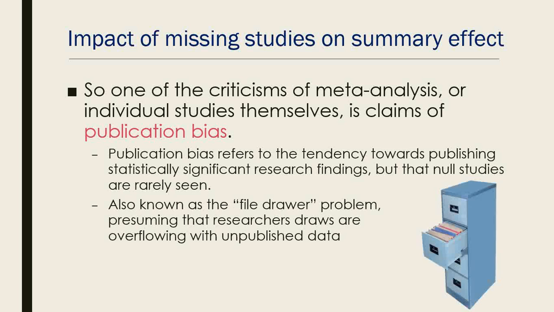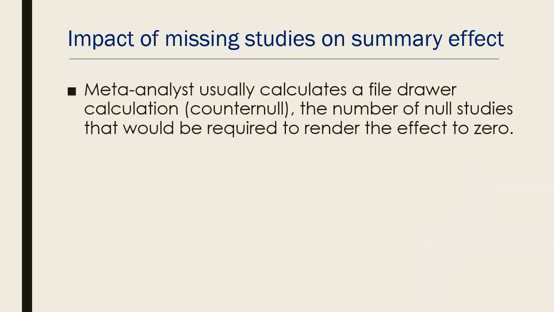It's also known as the file drawer problem, presuming that researchers' drawers are overflowing with unpublished data. Now, the meta-analysis usually calculates a file drawer calculation called the counter null. That's defined as the number of studies that would be required to render the summary effect in the meta-analysis to 0.